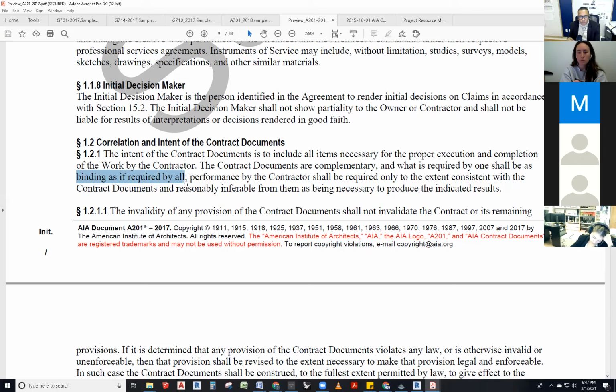The brick pattern, the color of brick, the cute storefront, the cute overhangs, the little canopies, whatever it is, it will become binding on the contract. If you don't want it, don't draw it.